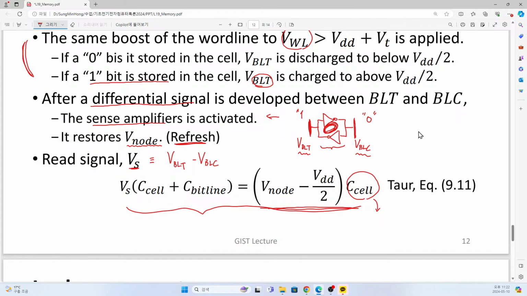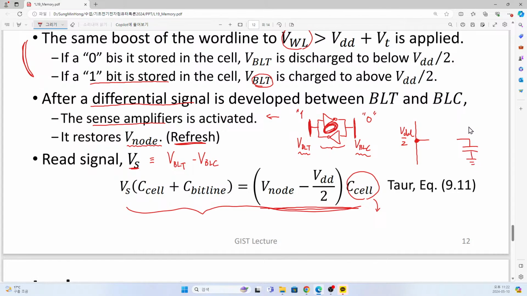So previously here we have a half VDD and disconnected transistor. So this is disconnected, and we have a capacitor.